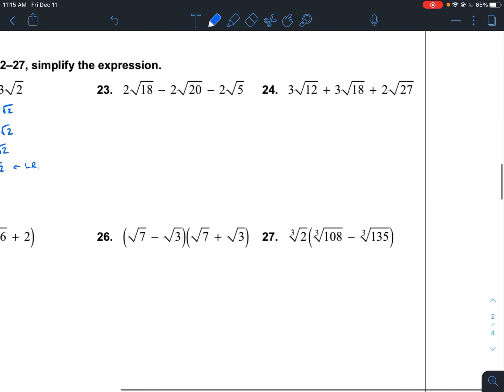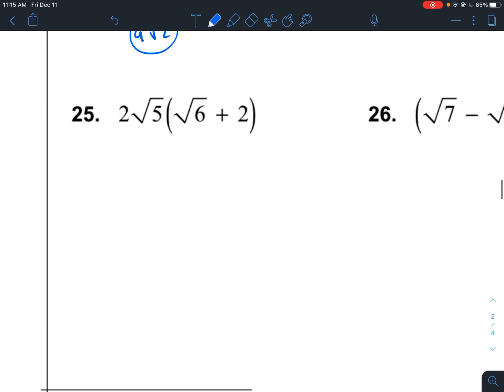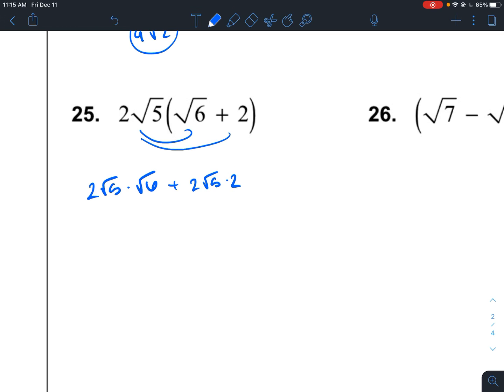Okay, let's see what's another good one. Let's try 25. So on this one, since we have a binomial here, let's distribute this inside. So I have 2 times the square root of 5 times the square root of 6, plus 2 square root of 5 times 2.